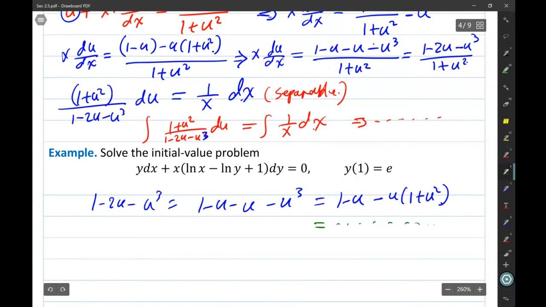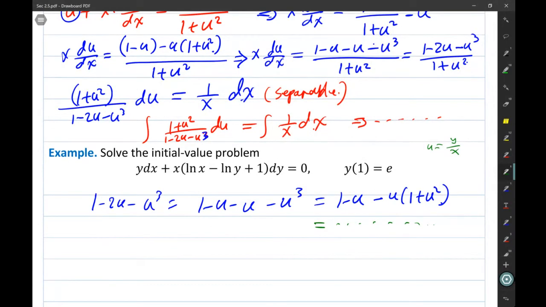You have to factor and do the partial fraction decomposition, and integrate the left hand side with respect to u and the right hand side with respect to x. After you complete the integral, replace u back by u to be y divided by x.